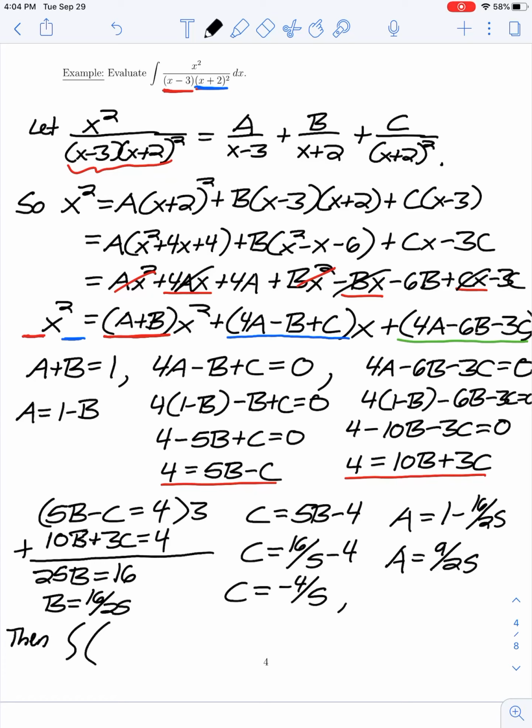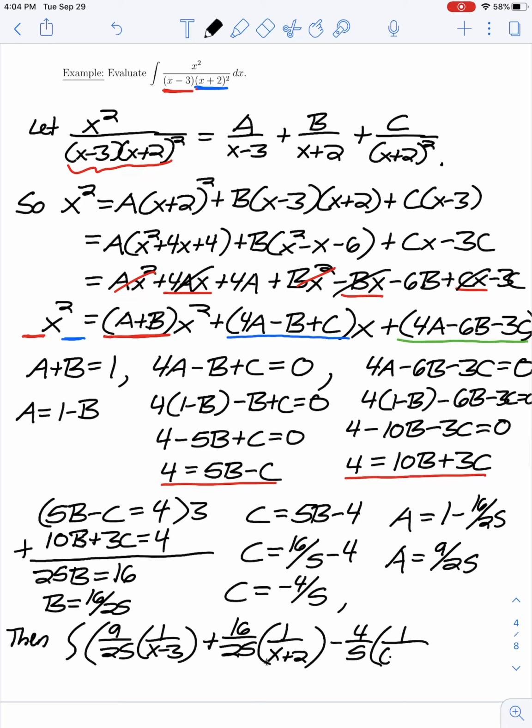And I would have a, which was 9 over 25, over x minus 3, plus b, which we found to be 16 over 25, times 1 over x plus 2, plus c, which was negative 4/5, with our 1 over (x plus 2) squared, dx.